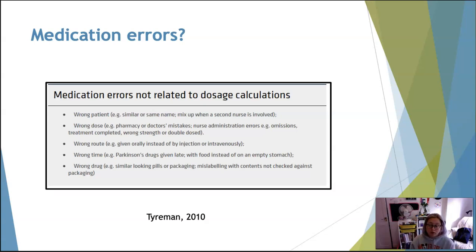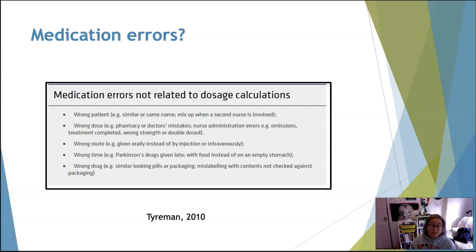It might be wrong doses, so again we're thinking about prescription errors and administration errors. It might be omissions, where patients aren't given medications at the correct time or they're missed altogether. They might be given after treatment has been completed, if a patient's been on antibiotics for a 7-day course and it hasn't been given an end date within the medication chart.